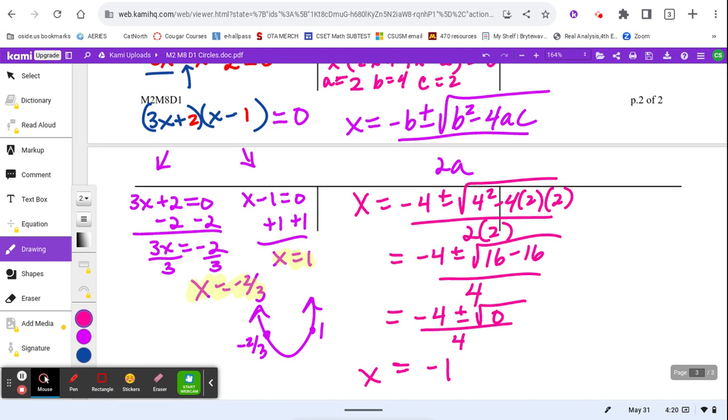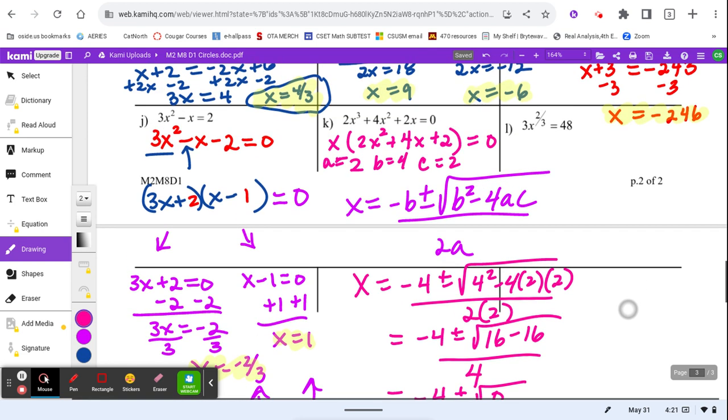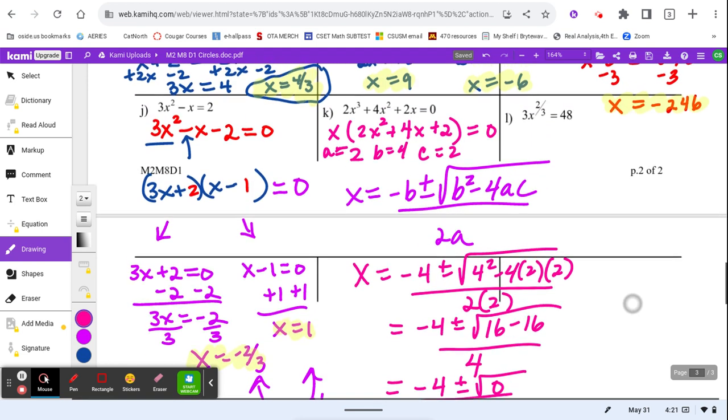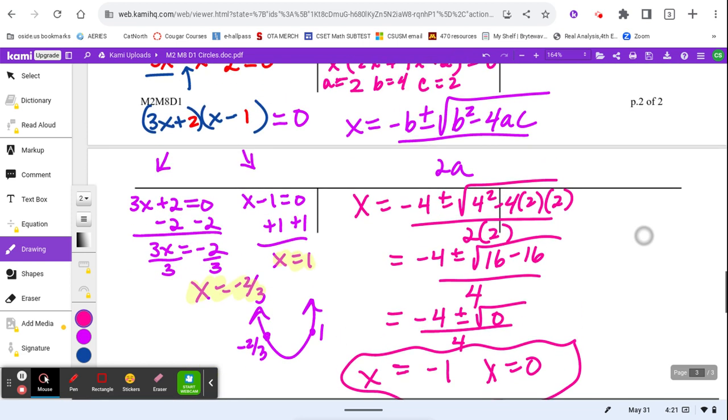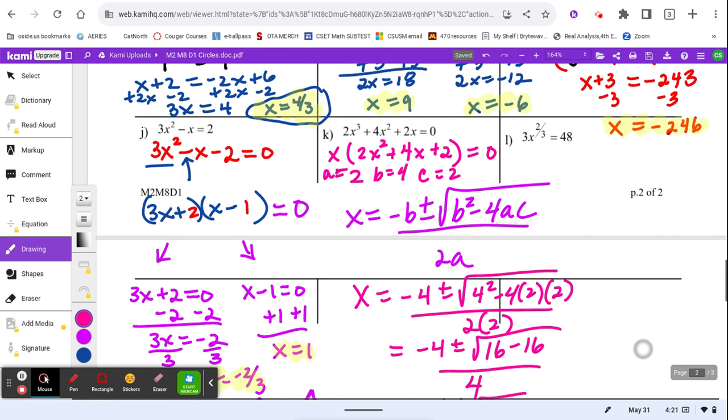So from up here, we get that x equals 0 and x equals 1 as my two possible solutions, which means actually I should have been able to factor it from the get-go. So x equals negative 1, x equals 0 as my two solutions for this quadratic.